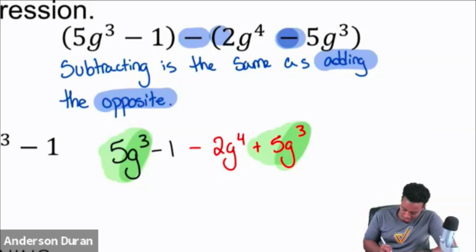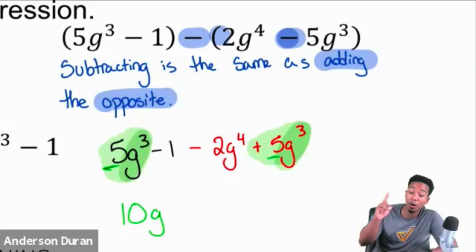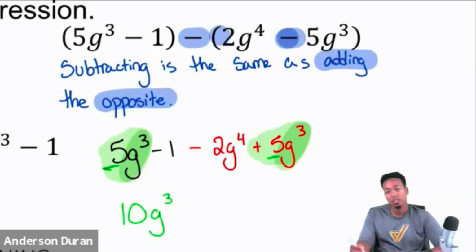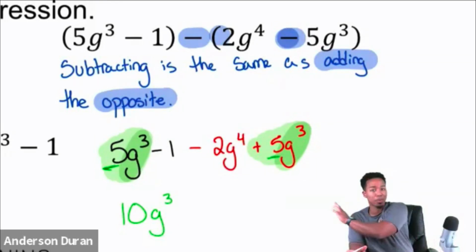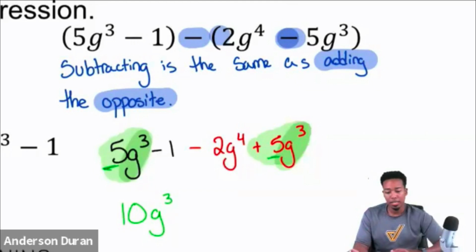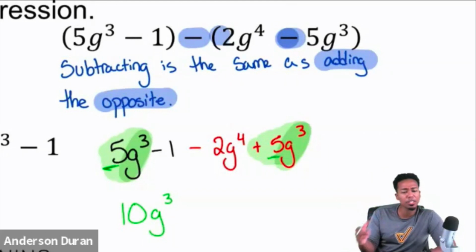Correct. Yes. That's going to be 10, because again, 5 plus 5 is 10, g to the power of 3. Our rules say that we are not going to add those exponents. We only do that when we're multiplying everything together. So that's not happening. Next, are there any other like terms, everybody?